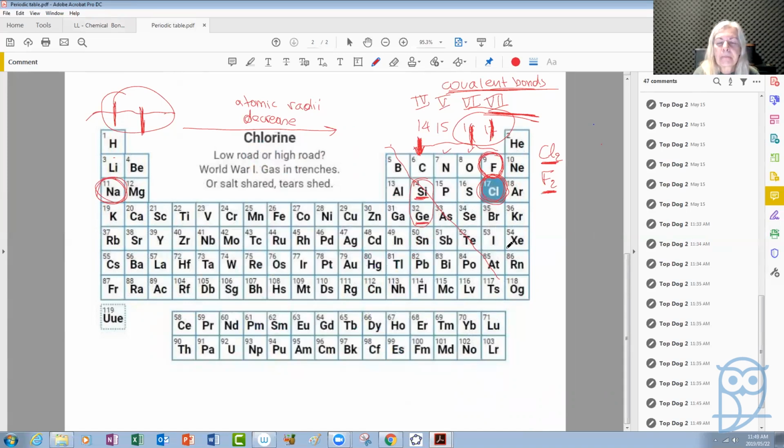And that is why, because chlorine is a very electronegative element, because it can attract electrons towards it, that is why it can pick up this spare electron from the sodium atom, which is not electronegative so much.